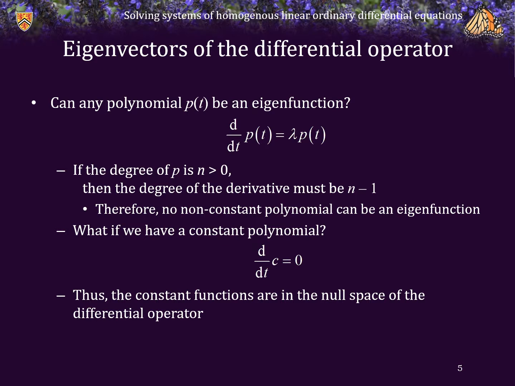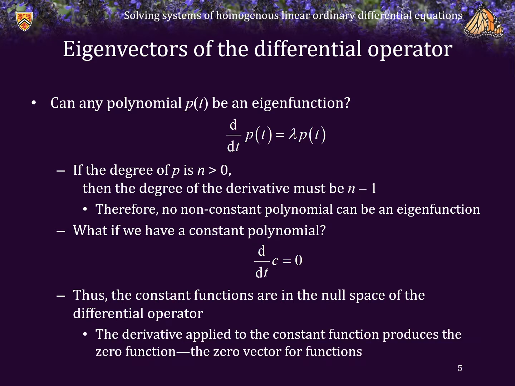So this is actually just a special case of a trivial exponential function, when it is e^(0·t). So remember, the derivative applied to constant functions produces the zero function, and for functions, the zero function is the zero vector for functions.